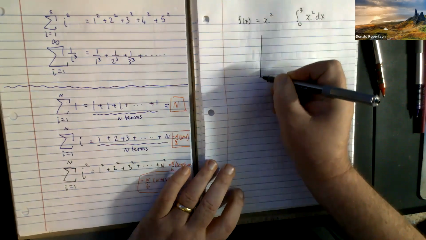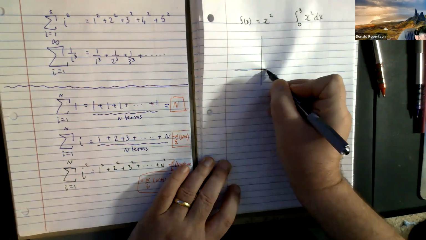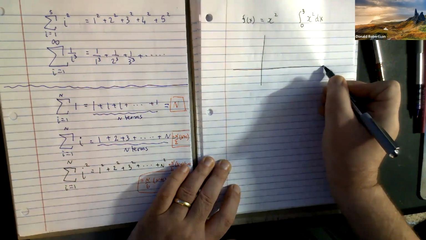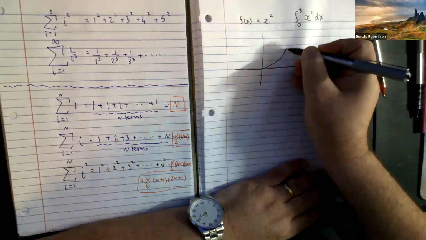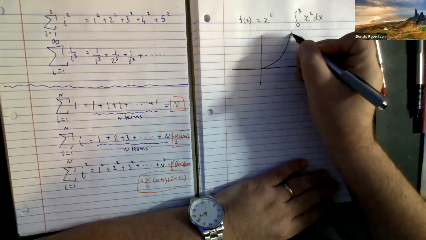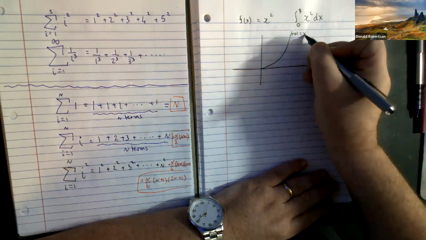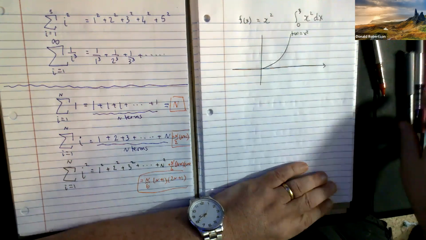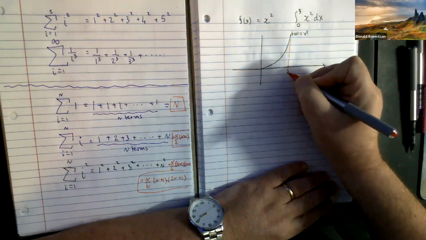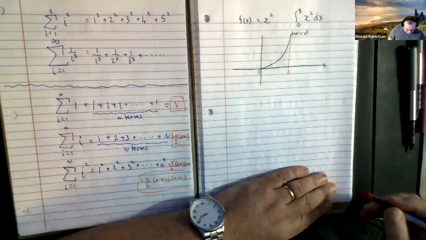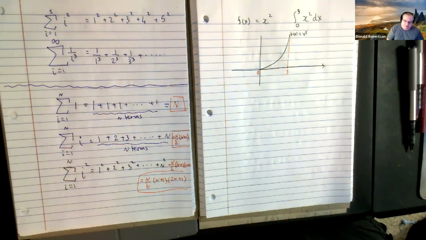So first thing I'm going to do is visualize what's going on. If you imagine what f of x equals x squared looks like, and you place that point at 3 and you place this point at 0, that's the region that we're trying to find the area of, right?